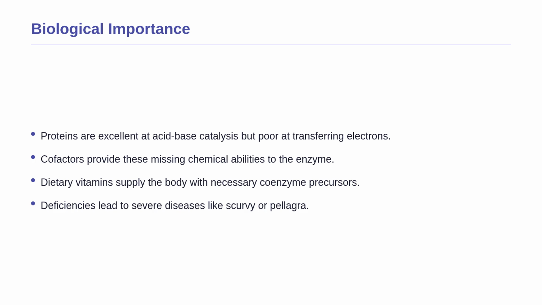Cofactors step in to provide these missing chemical abilities, which is crucial for processes like generating cellular energy. In the real world, this is exactly why humans must consume vitamins and minerals. If your diet lacks these precursors, your enzymes lack their cofactors, leading to severe diseases like scurvy or pellagra, simply because your biological machines cannot turn on.